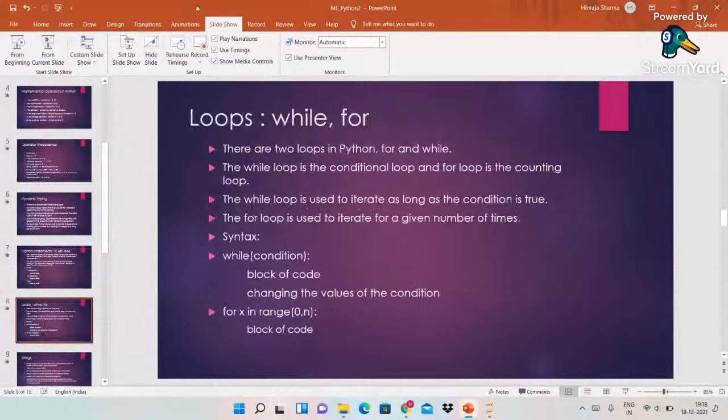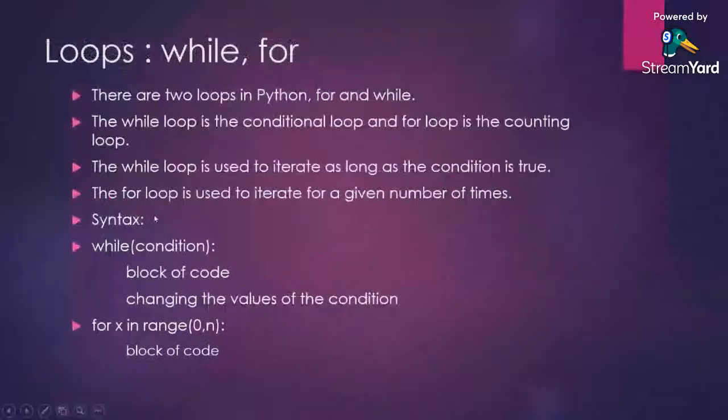Okay, so next we will be moving on to the loops. There are two types of loops in Python. For those who are completely new to programming, loops are used when you want to execute a block of code over and over again, as long as a condition is satisfied.